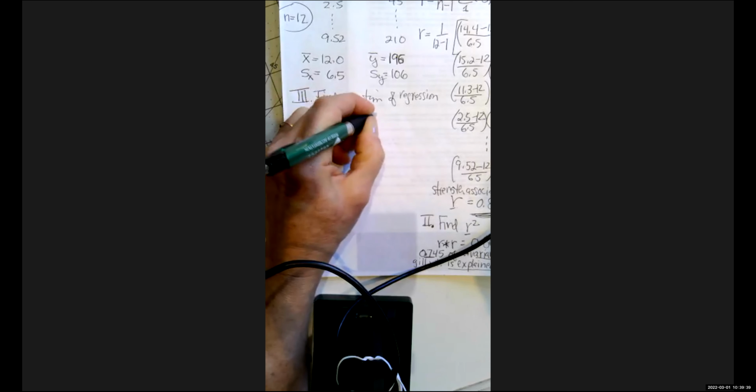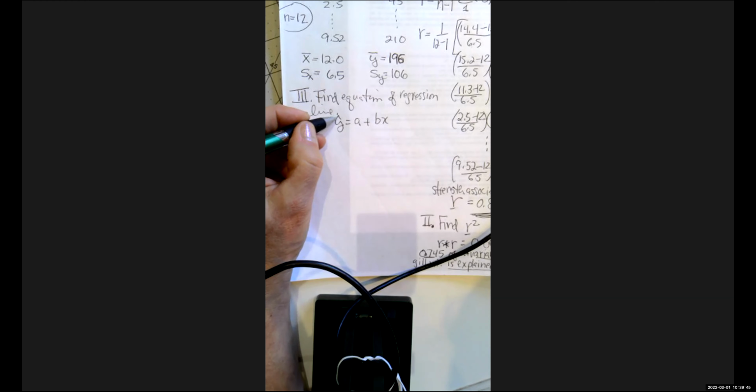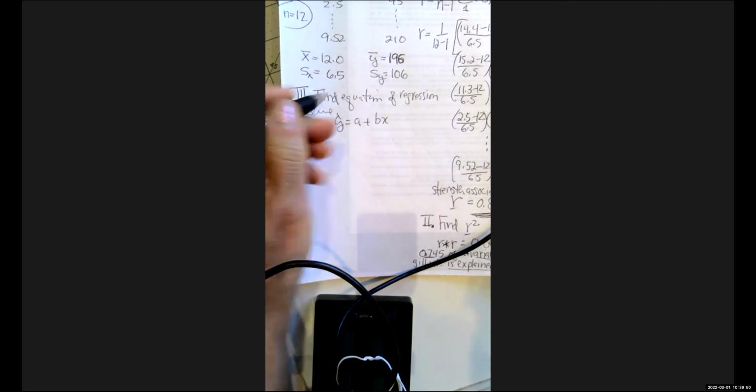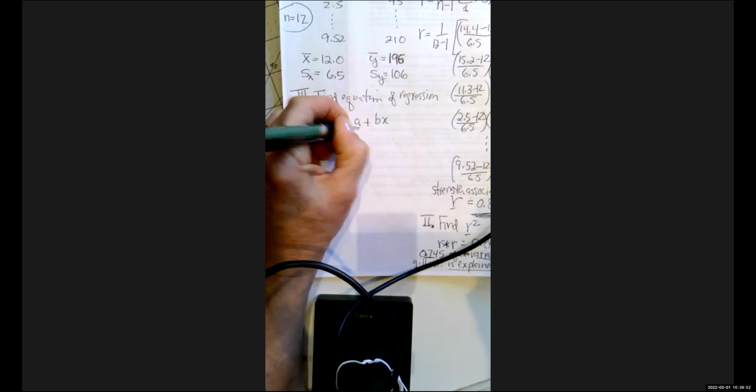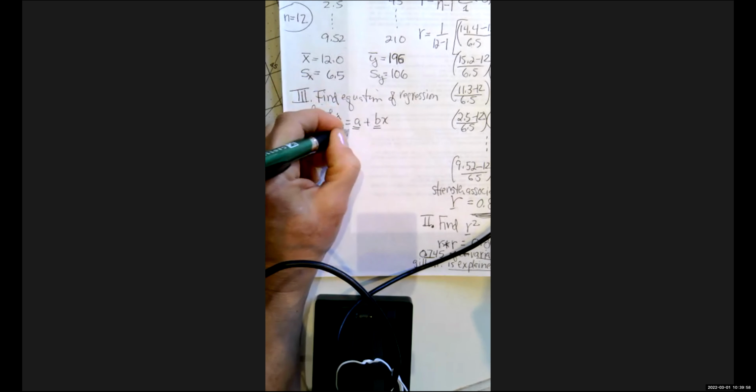Equation of any line or of a regression line is going to be y hat equals a plus b times x. The reason we have a y hat, you can just write y, but this hat tells us that this is an estimate or a model. All right, so in order to find the equation of the regression line, what do we do? Well, we just have to find a, the intercept, and b, the slope.